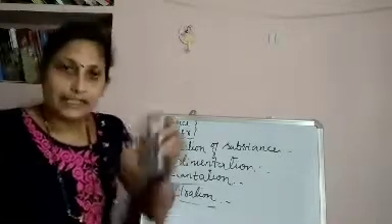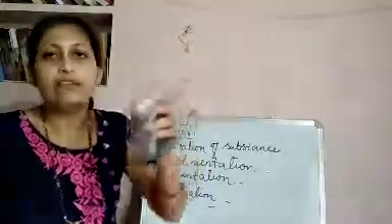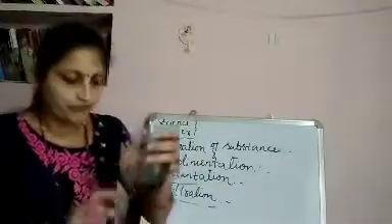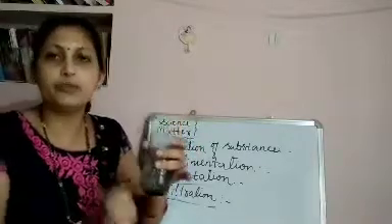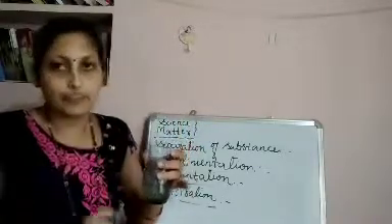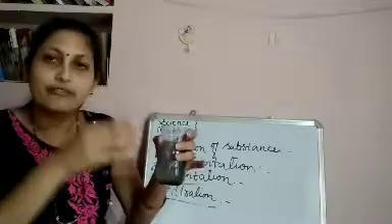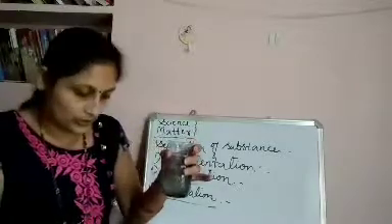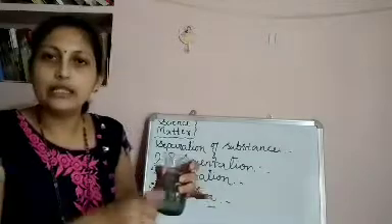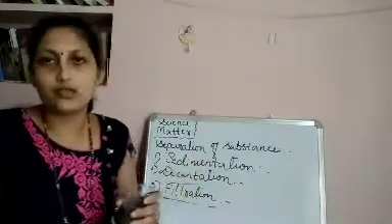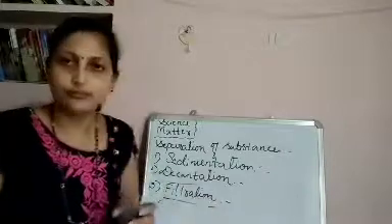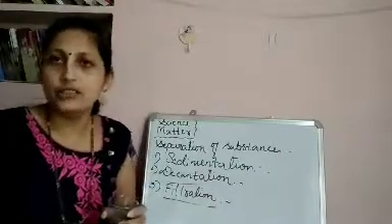By allowing this water through the filter paper, all these suspended, lighter impurities will settle in the filter paper and only clean liquid will be allowed into the container. That process is called filtration. What is filtration?